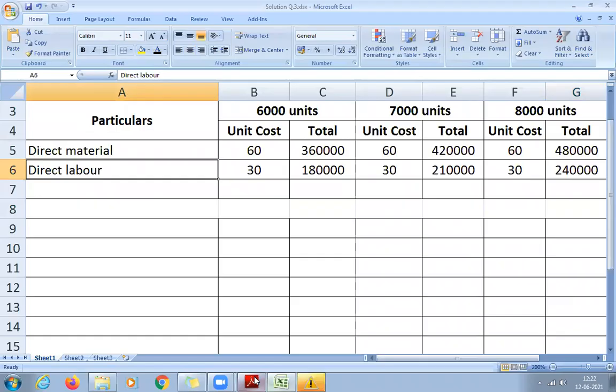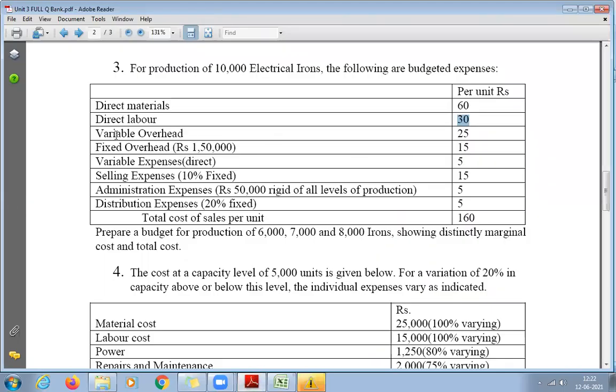Next, what fixed cost has he given us? Variable overhead. He has given us variable overhead. But before that, we have to see whether he has given any direct expense. Yes, sir, variable expenses, and in the bracket direct.